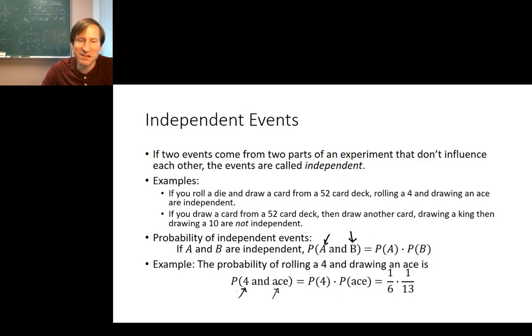Since these are independent events, we can just multiply the probability of rolling a 4 by the probability of drawing an ace. The probability of rolling a 4 is 1 out of 6, and the probability of drawing an ace is 1 out of 13. So for the total probability, we just multiply these together. It's 1 over 6 times 13, so that's 1 over 78.